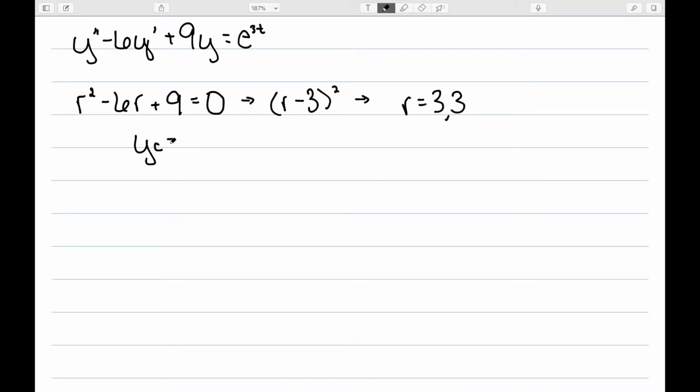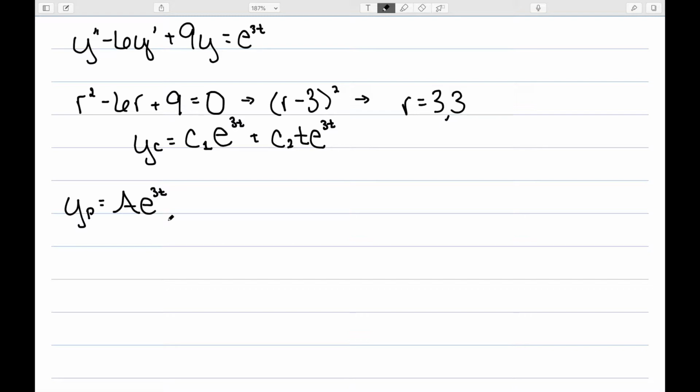Therefore, my complementary solution would be equal to c1 e to the 3t plus c2 t e to the 3t. When I find my particular solution, it would normally be of the form a e to the 3t.